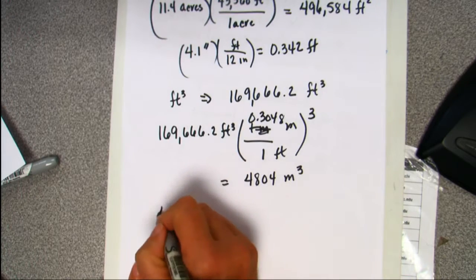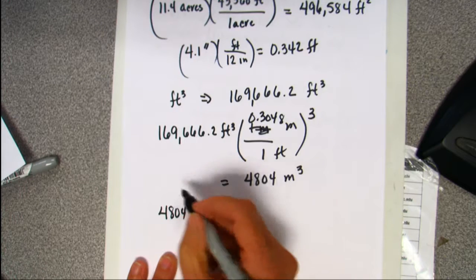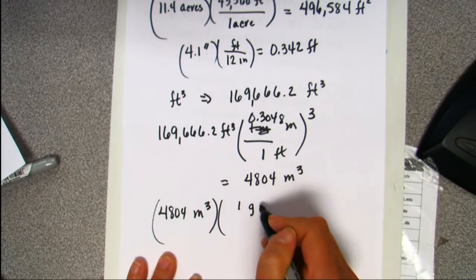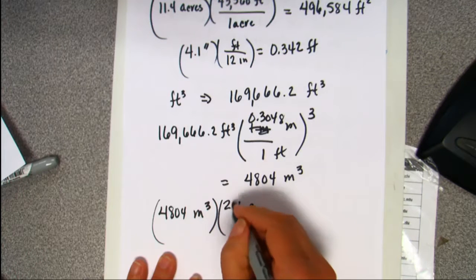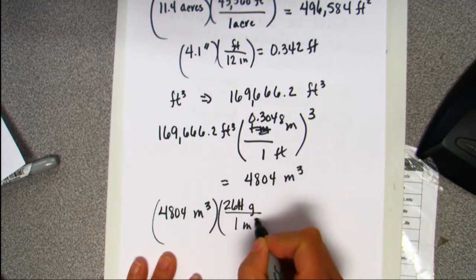So now I'm going to take my 4804 meters cubed, and I'm going to put that into gallons. And it's 264 gallons per meter cubed.